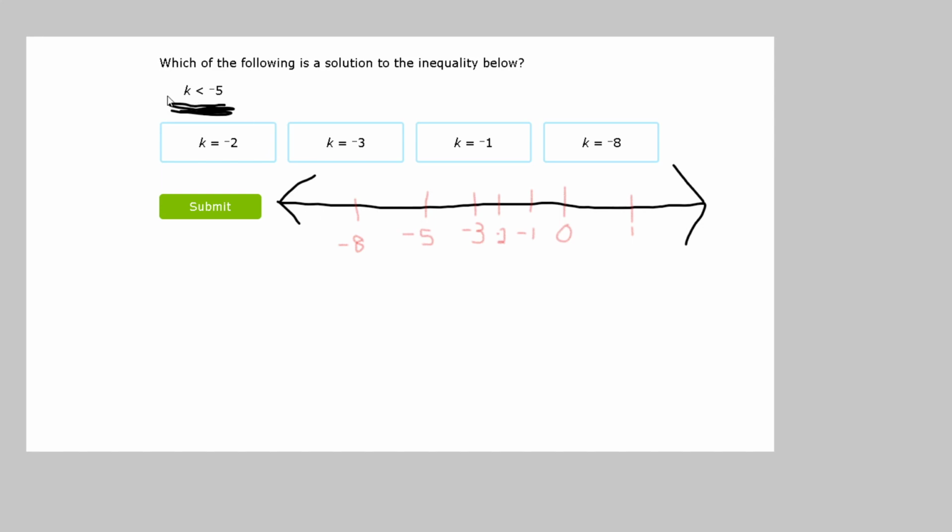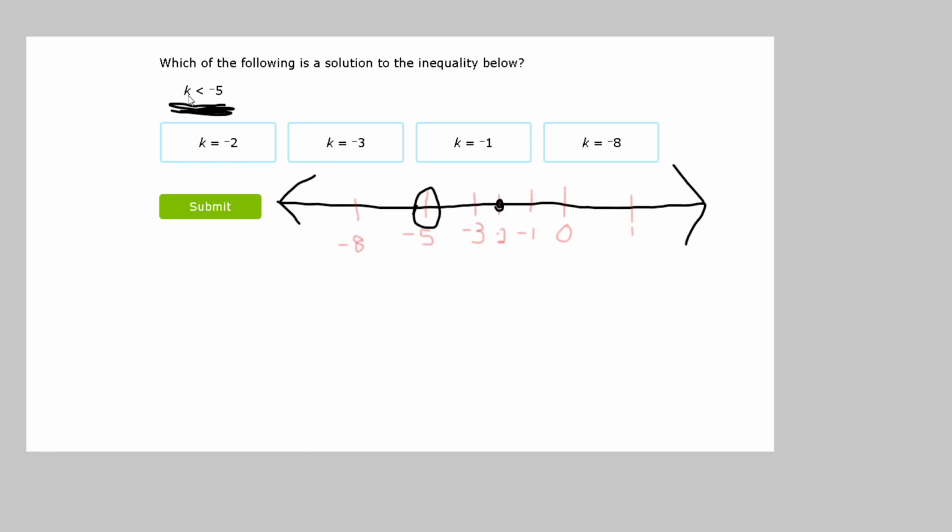So what we're trying to do is find all the numbers that are less than negative 5 from these choices here. Now, I actually wrote down every choice on this number line. Let's go through each one. Negative 5 is right here. Negative 2 is over here.